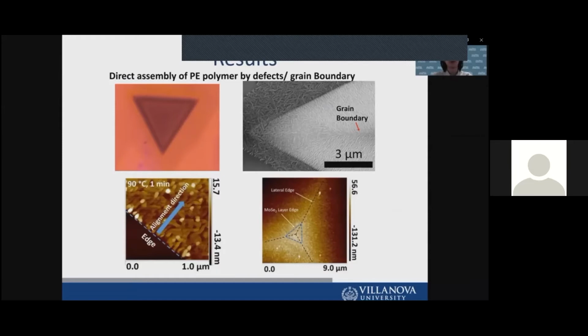For example, there's edge defects where at the very edge, the polymer seems to grow perpendicularly to it. And then in lateral edges and the layer edges, there are also patterns of growth for the polymer to grow out of, as displayed in the bottom right corner, where it seems the polymers are growing out from the edge and then in a triangle out from the center.